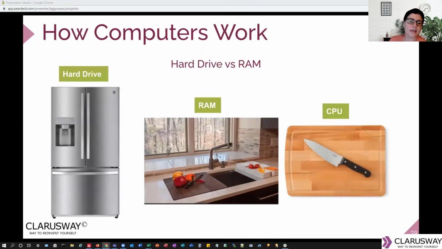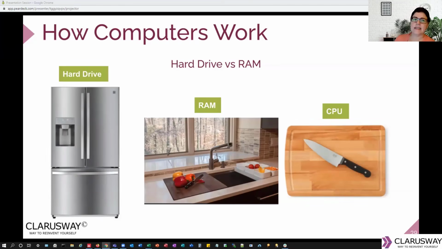I'm going to start with an analogy to talk through how the different types of memory versus processor work together. That analogy has to do with food in the kitchen, right?